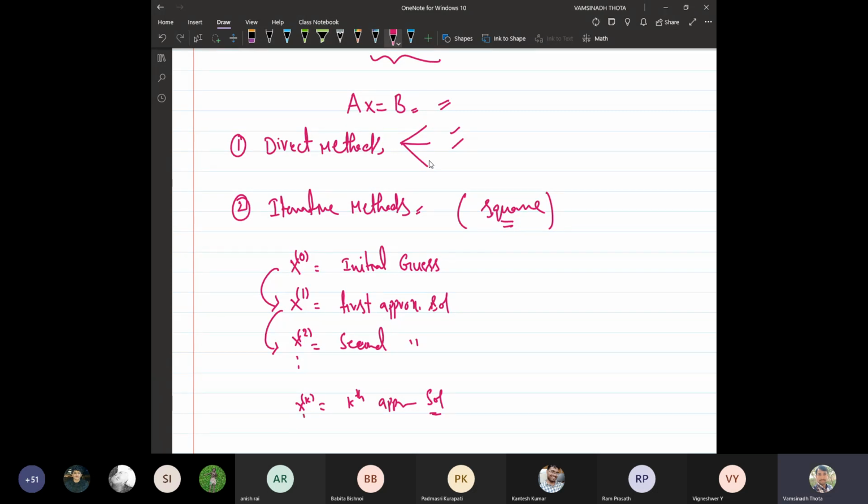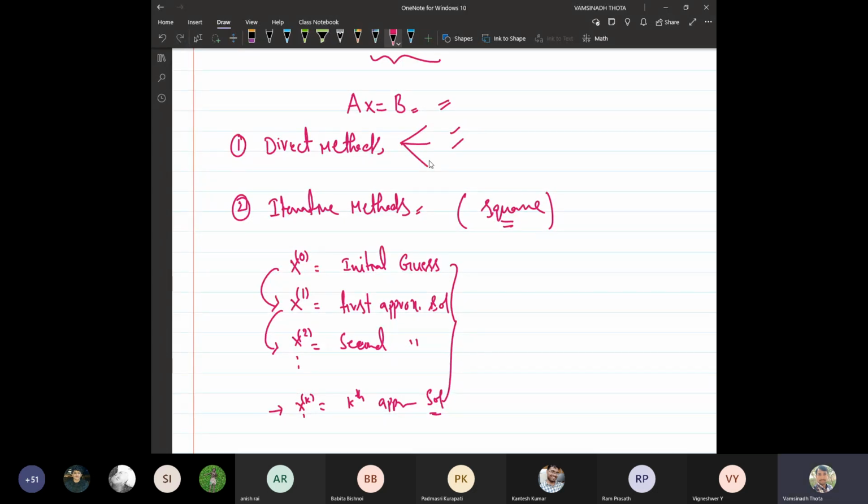This is what we call the iterative methods. So, to find the kth approximate solution, you should know the k minus 1 approximate solution. But how do we find one approximate solution depending on the previous one?